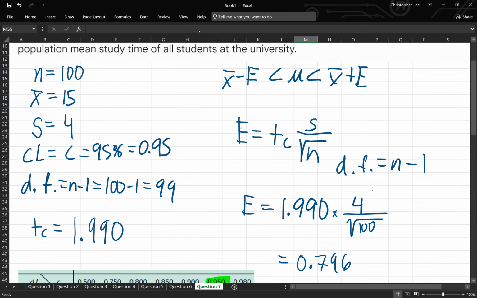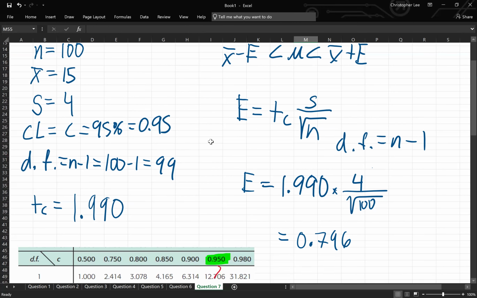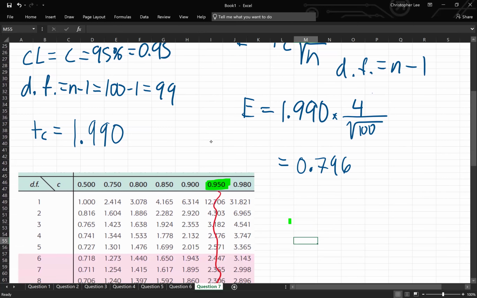All right. After you figure out what the margin of error E is, remember, my answer is an interval. So my final answer is using this top formula we have up here: x bar minus E less than mu, right? So let's do that. This is going to be x bar minus E less than mu less than x bar plus E. And what's my x bar?